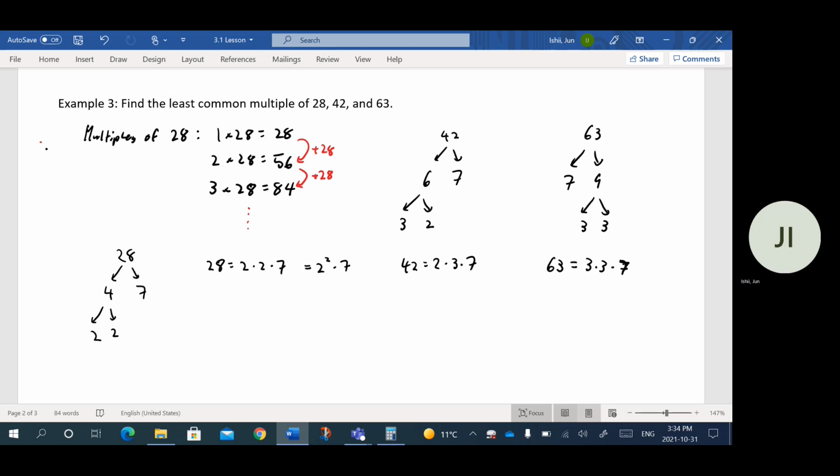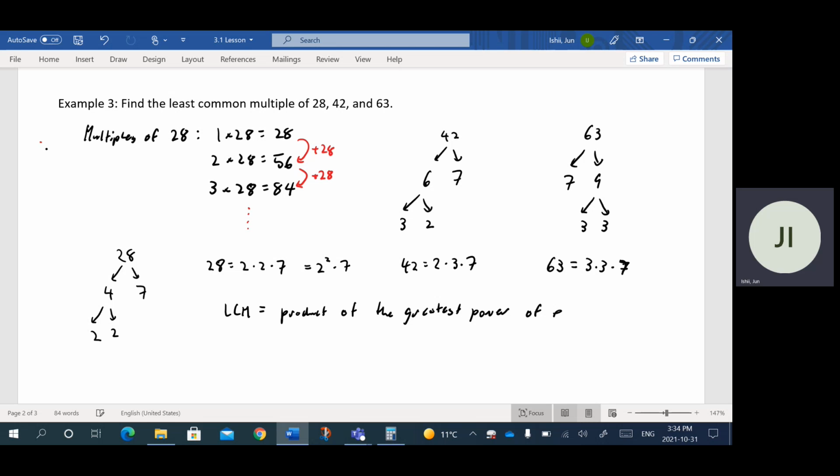Now, why did I do that? The reason is that the least common multiple is going to equal the product of the greatest power of each prime factor.